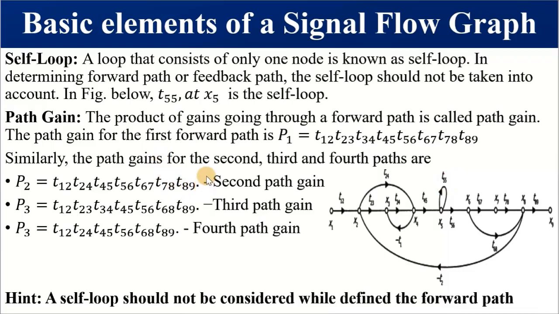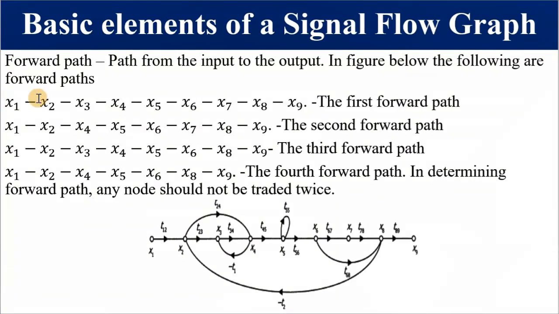What is a path gain? You must also be able to calculate the gain of each forward path. The product of gains going through a forward path is known as path gain. For the first path, in the previous slide we identified the forward path, and we want to find out its path gain.